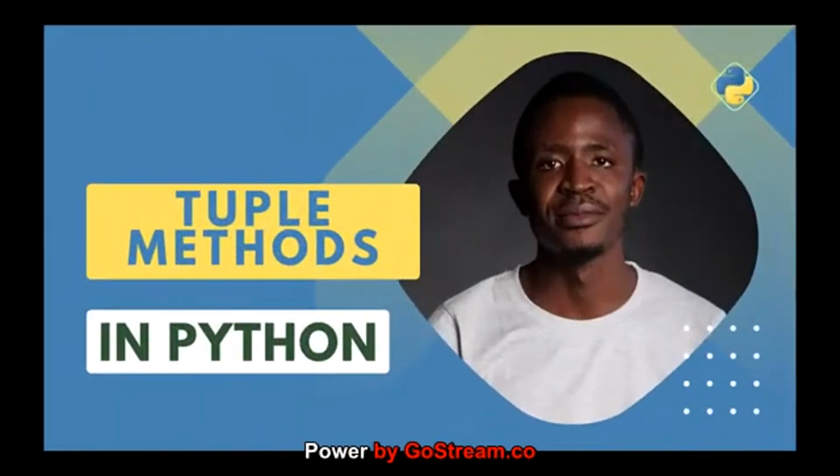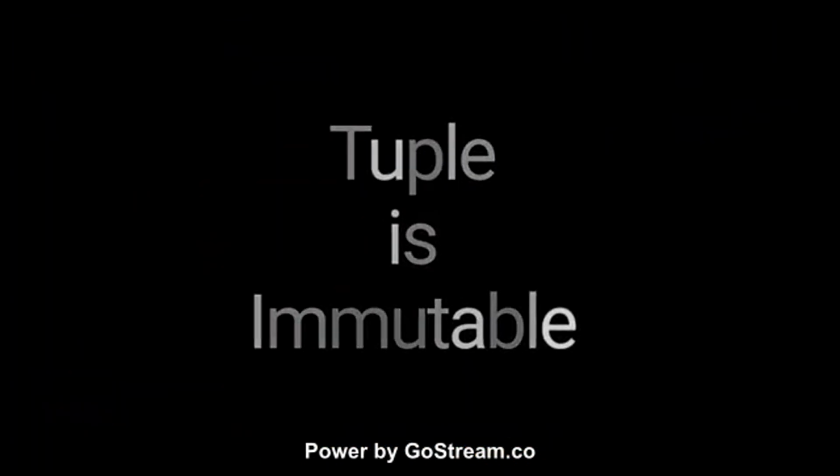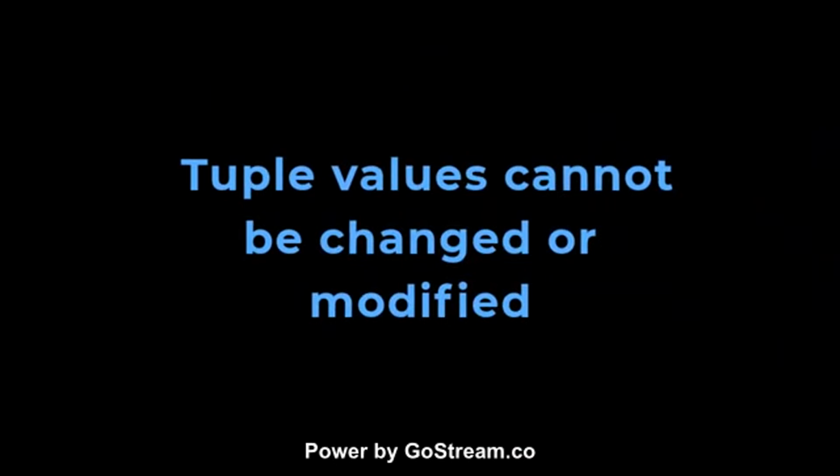So one of the difference between tuple and every other data structure in Python is the ability of tuple to be immutable. By immutable, we are saying that the values cannot be changed, cannot be modified. And you may ask, why is that?